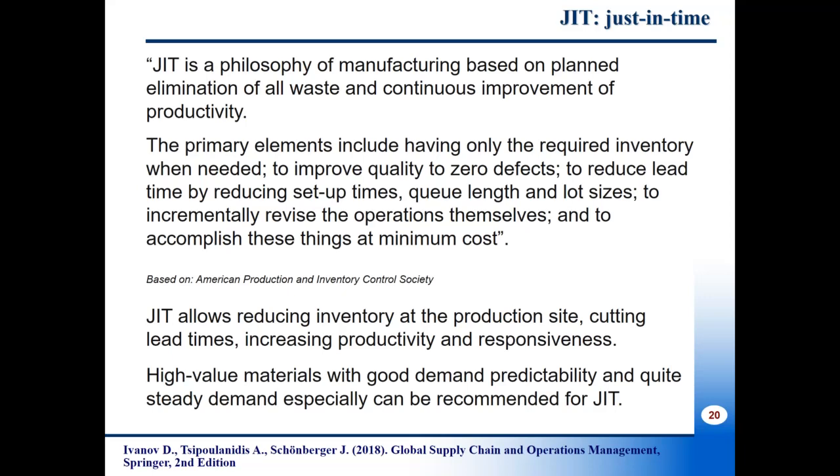Reduction in the number of variations, for instance, only 28 variations of air conditioning instead of 102. An additional benefit is that JIT can better predict the demand of high-value materials through standardization, which makes the demand pattern more steady.